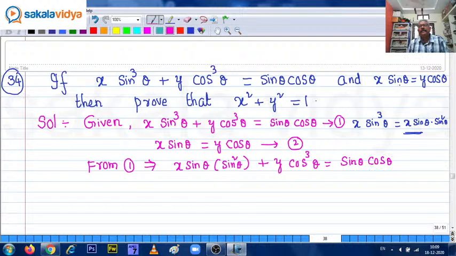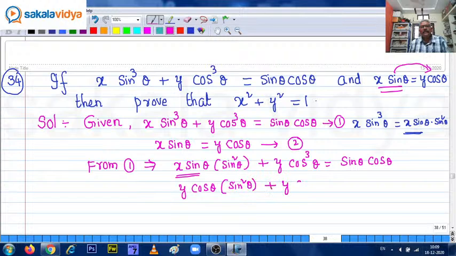So let us implement our plan. x sine theta is replaced by y cos theta here. So y cos theta into sine square theta plus y cos cube theta equals sine theta cos theta. Now y cos theta we can take out common.